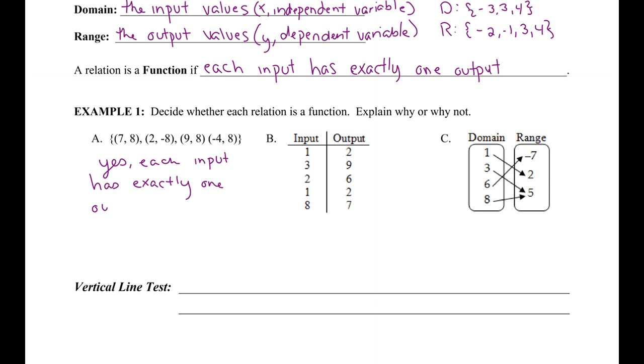And I should know that because none of the inputs were repeated. If I look at example B, the input of 1 is repeated. However, it has the same output, which means that yes, this would still be a function for the same reason. Each input has exactly one output.